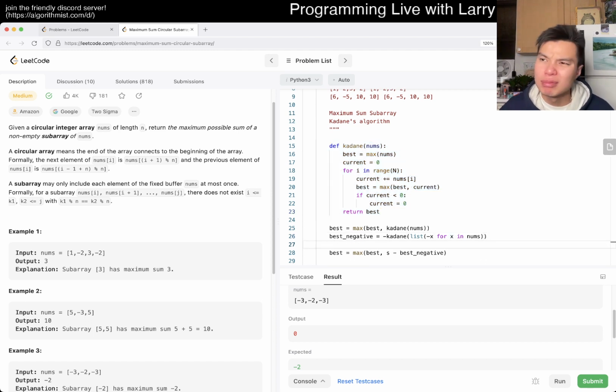Okay, so that is actually tricky, isn't it?